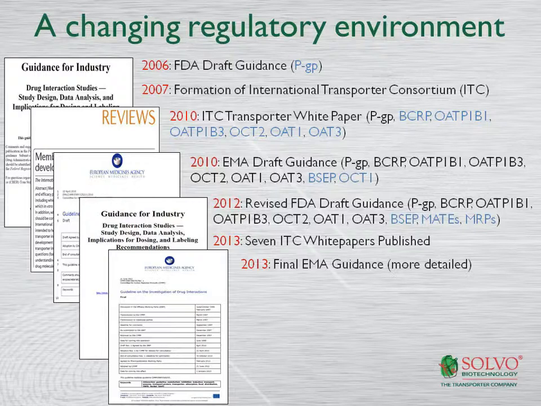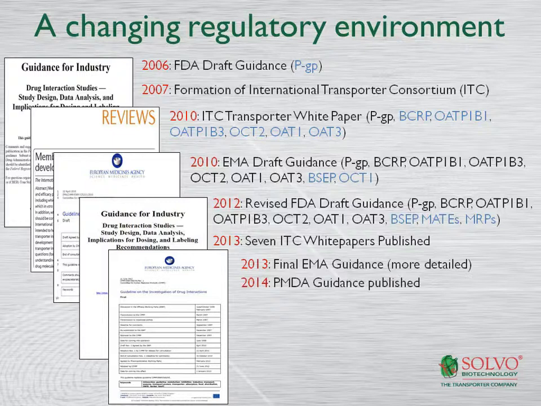That means, of course, OATPs, but OCTN and NTCP, for example, can also be assessed. And I need to mention, we have a lot of transporters in our body, more than 400 transporters. So maybe the target of the drug is another transporter which is not the main transporter, which makes it a little bit difficult.